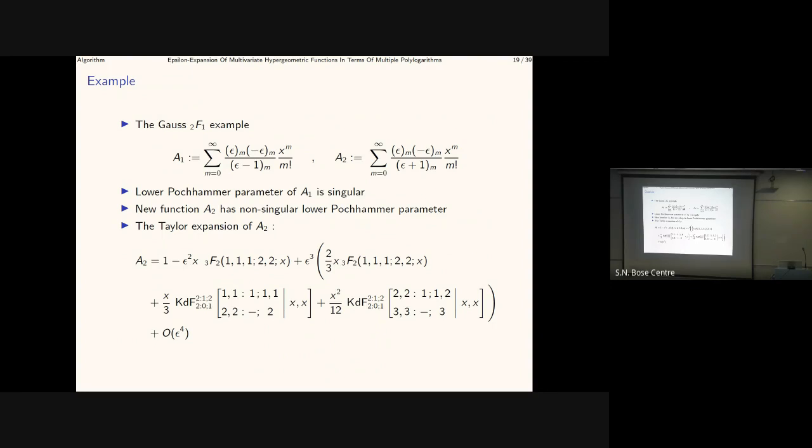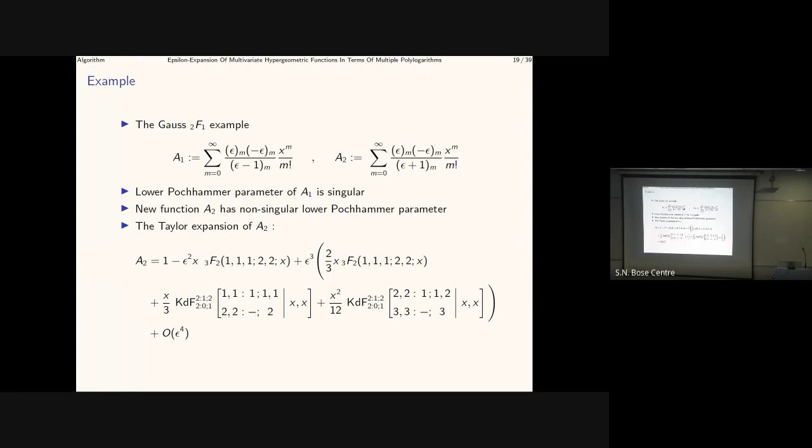So instead of expanding it directly, we form an associated function a2 that has epsilon plus 1 in the denominator, except that everything else is the same. So this function has a Taylor series expansion, and this is how we find the function in the series form.